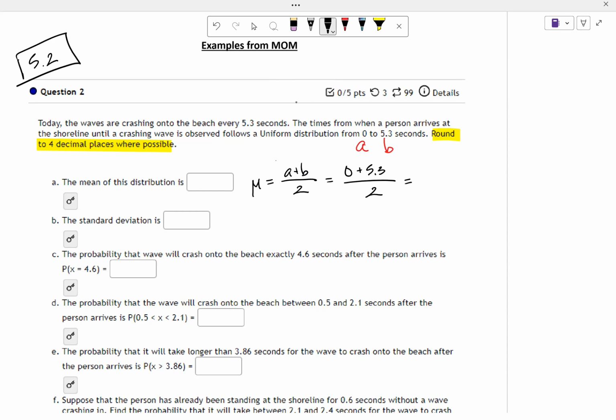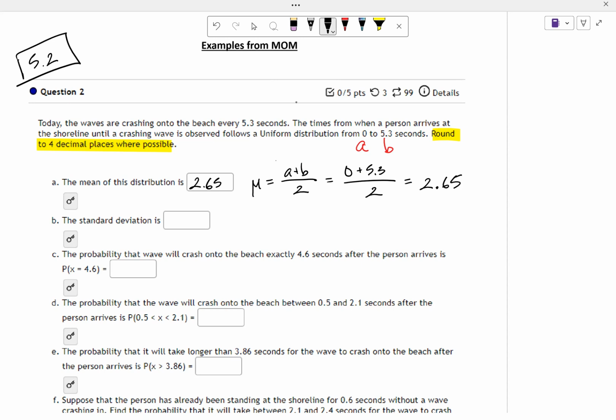When we type that into the calculator, we get 2.65. There's only 2 decimals, so you just put all of those values in. So 2.65 is what will go into the box, and if you click submit, it should give you an A-OK on that answer.